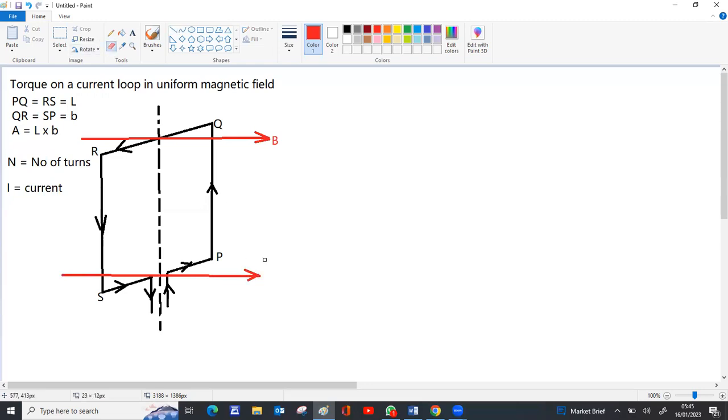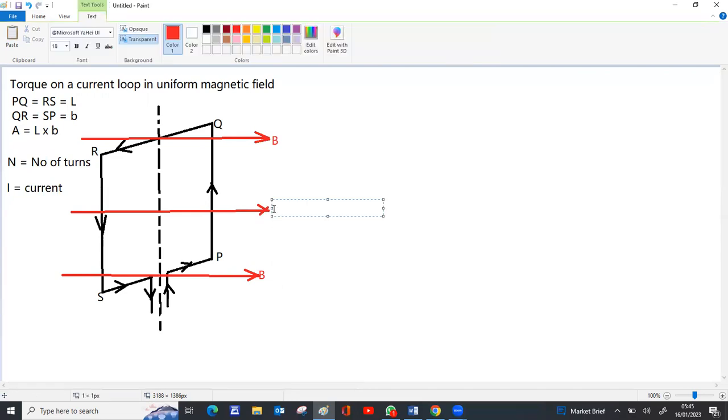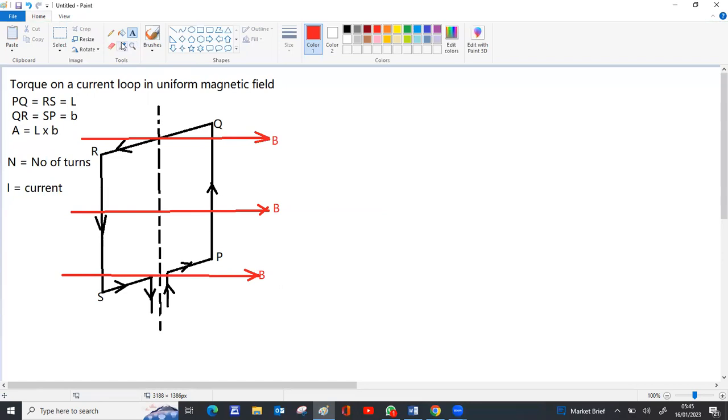This is the third field line parallel to both. All the three are equidistant, representing uniform field. To get a 3D feeling, we are removing this part so that it's passing from the back and through the field.